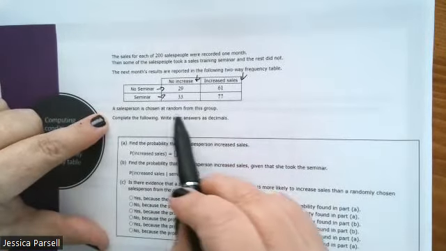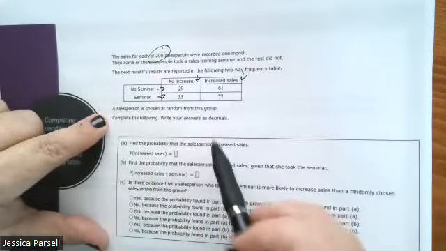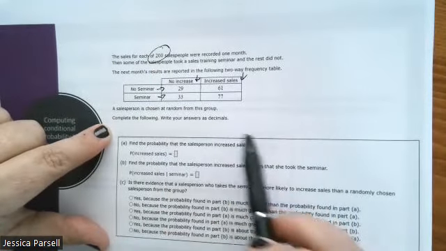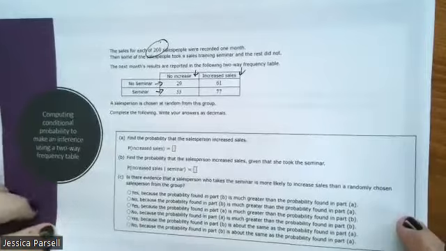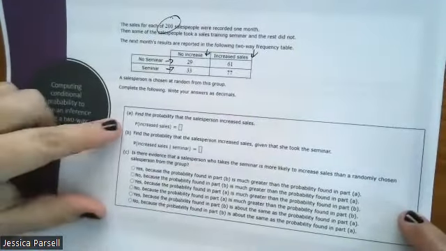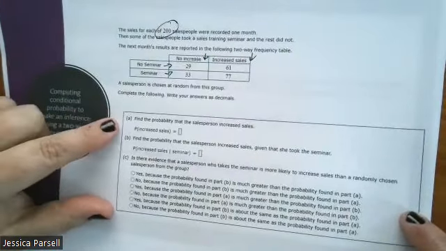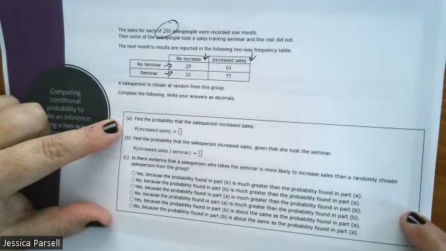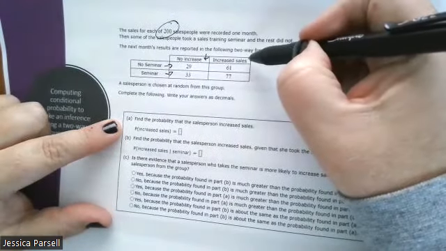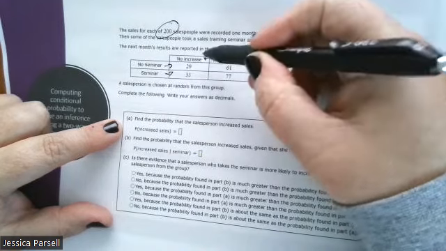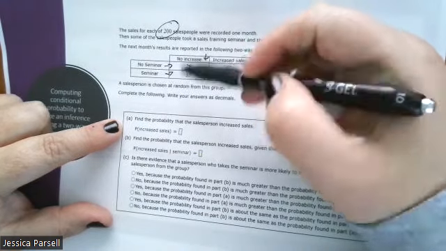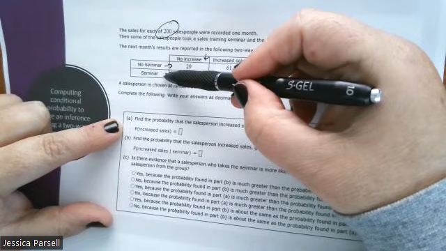A salesperson is chosen at random from this 200-person group. Complete the following, write your answers as decimals. Okay. Find the probability that a salesperson increased their sales. Okay. So we're looking at increased sales. We don't care about no increase. We don't even care if they had no seminar or a seminar.